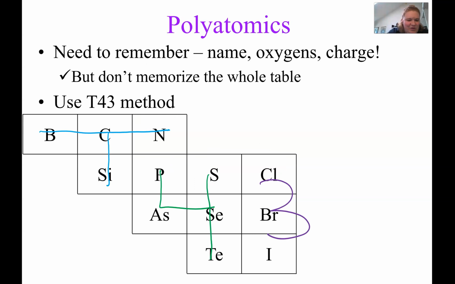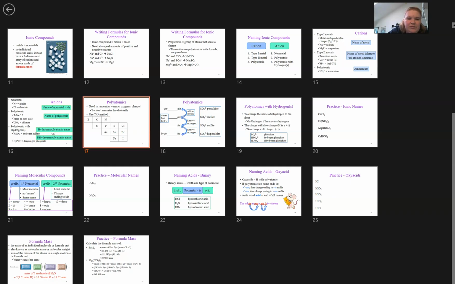Sorry about that. I think I hit a weird button. Okay. So this table is going to tell us the 8s: sulfate, phosphate, nitrate, carbonate. And how this table tells us that. Oh, goodness.